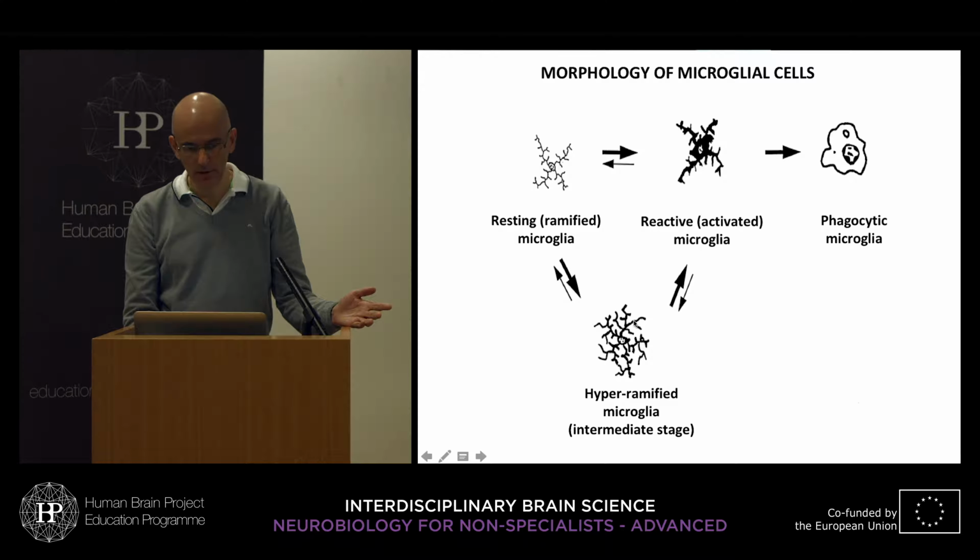And there's also the so-called hyper-ramified microglial cells, which is an intermediate stage between those two, which can also be detected in the brain.